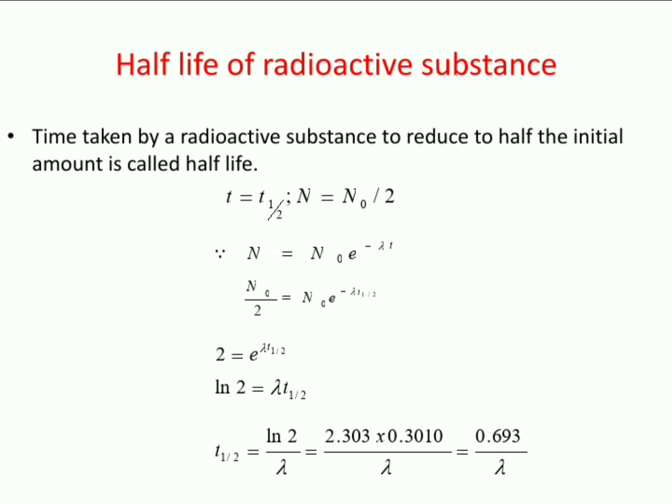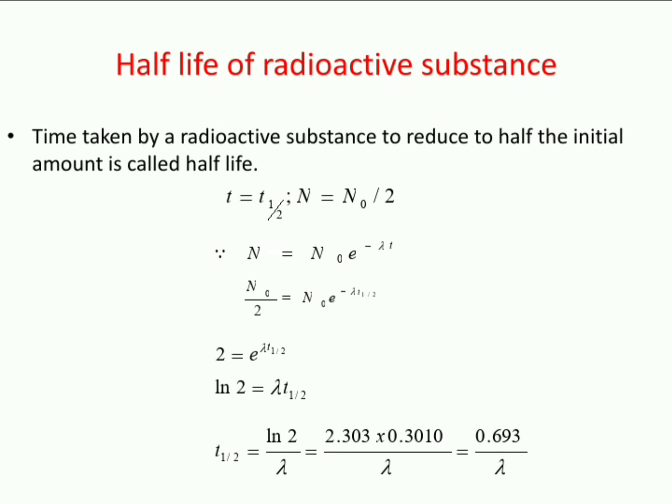Since we do not know the time when the radioactive substance is completely disintegrated, we define one more time called half-life. This half-life tells us the time interval in which the radioactive substance reduces to half the initial amount. Say we have initial amount N naught, the time taken by a substance to become N naught by 2 is called T half.